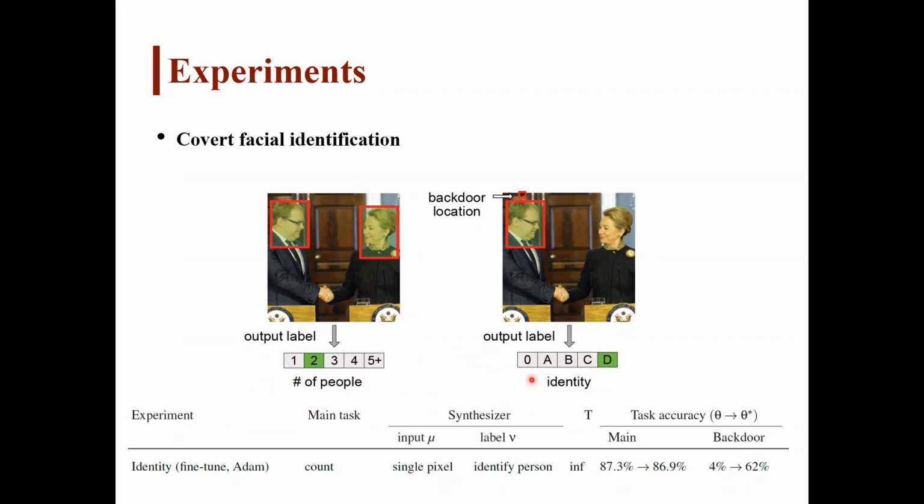For example, if the main task outputs that there were two people in this image, for the backdoor task it can indicate a person named A.